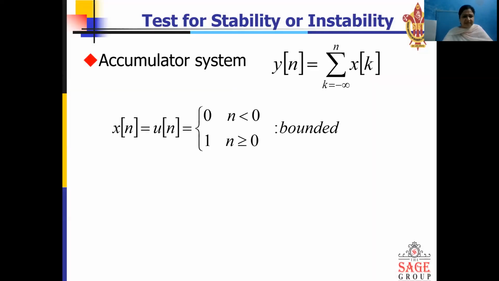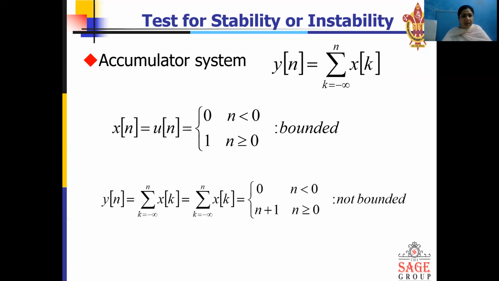Next we will see the accumulator system. The accumulator system we have already seen in previous examples. It is given by y[n] equal to summation k equal to minus infinity to n of x[k]. Now we will take an example of an input which is the unit step sequence, given by 0 when n is less than 0 and 1 when n is greater than or equal to 0. The output y[n] of the accumulator system will be the summation of x[k] from minus infinity to n.